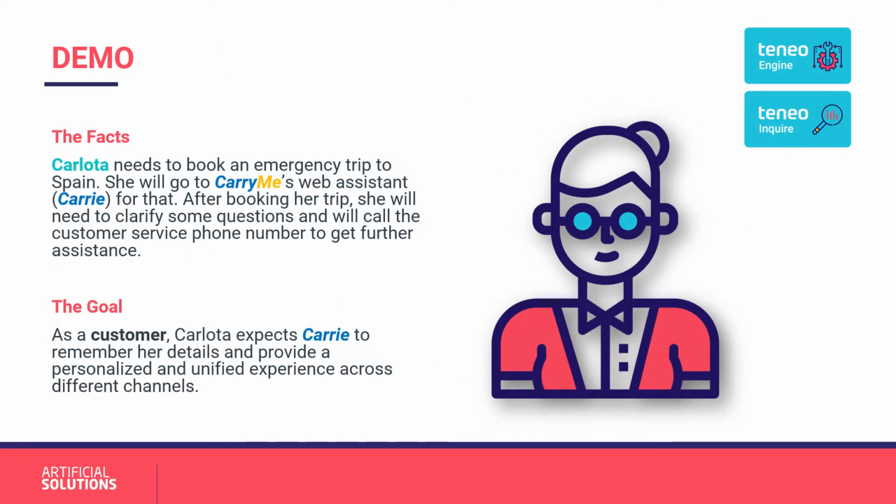We will go through a scenario from the customer's perspective this time. In this case, we will have Carlota. She has a family emergency in Spain and needs to travel there as soon as possible. After making her reservation, she realizes she needs to clarify some details, so she will call Karimi's phone number.